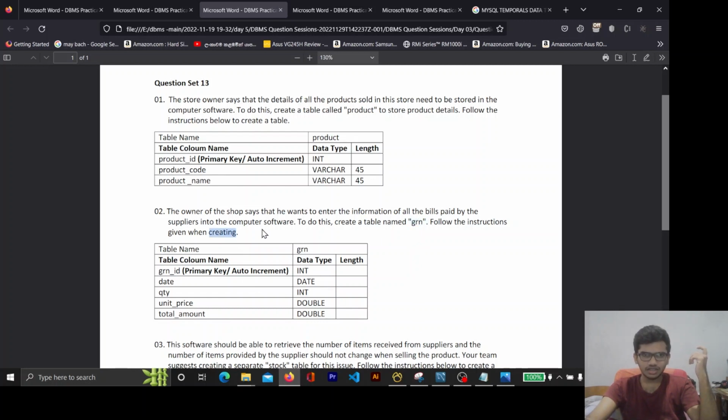So when we take a look at this, the logic for creating the relationship between these two tables is that one goods received note could not be given to multiple suppliers, because one goods received note could be given only to one supplier.